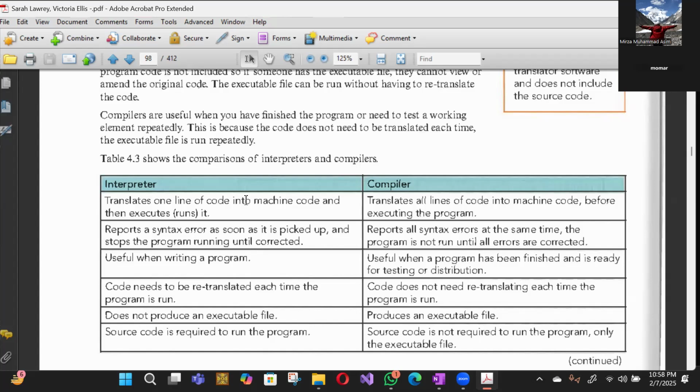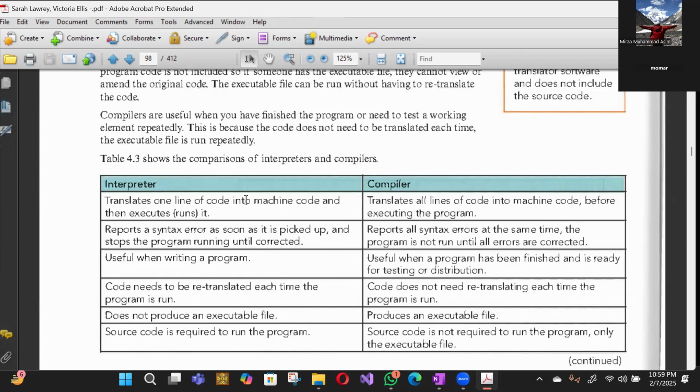Distribution means when you are ready to launch in the market, right? Interpreter code needs to be retranslated each time the program is run. For example, I have shown you some commands on QBasic. Every single time I have to run that program, right?